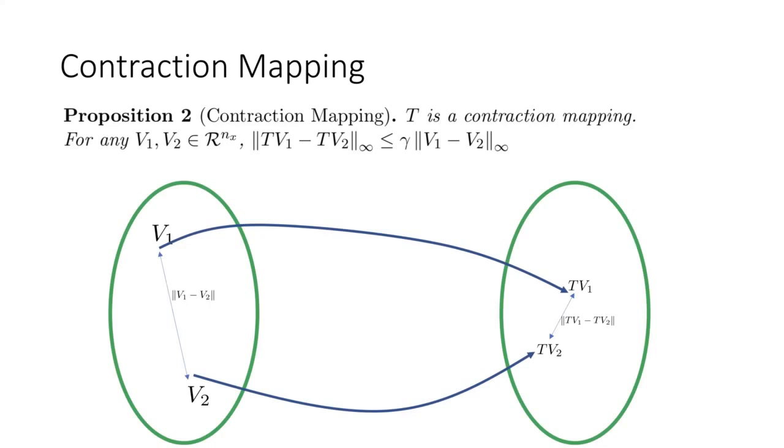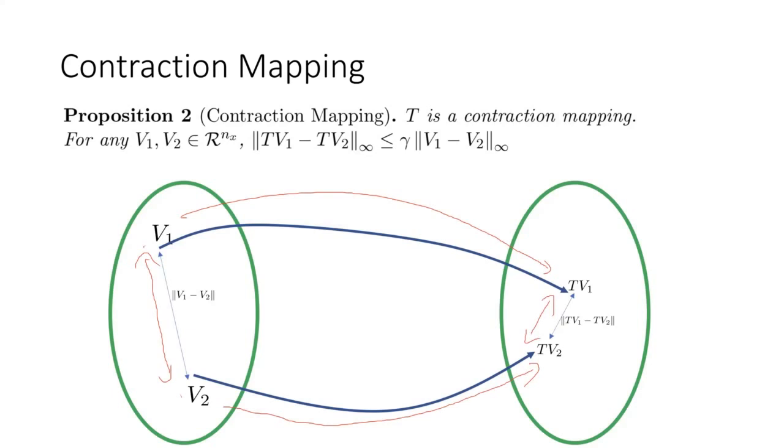So in a way, there's some kind of contraction property happening. Think about this as v1 and v2 in the space. This is the distance between v1 and v2. Now you map them to that space itself by using the operator T. This is your Tv1, this is your Tv2, and this is the distance between Tv1 and Tv2.